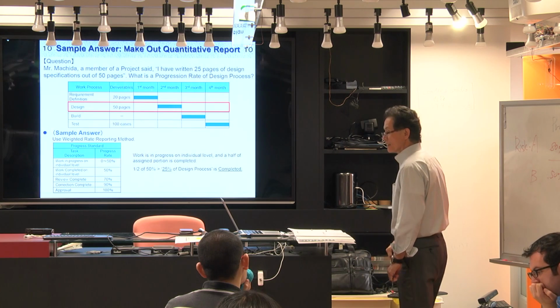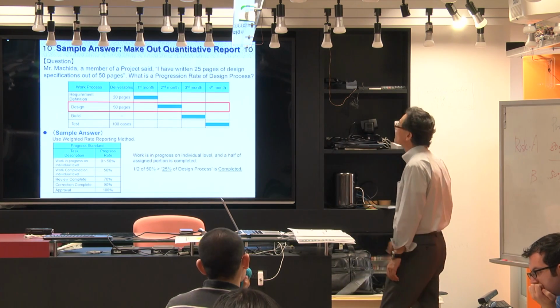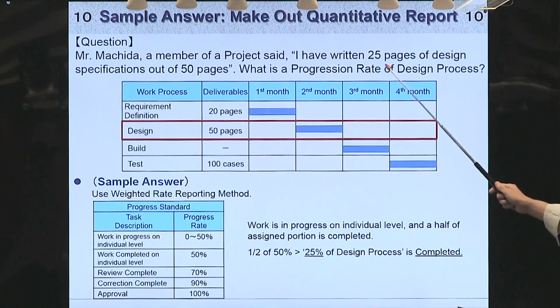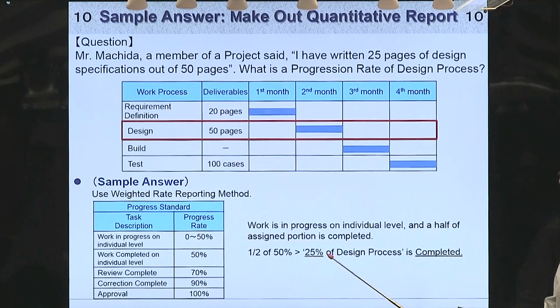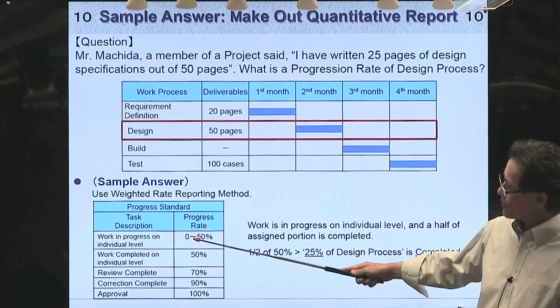So this is an example. The question was: one member finished 25 pages out of 50. What's the progress in this case? The answer is 25, because he or she has done half of this task, so it's 25.